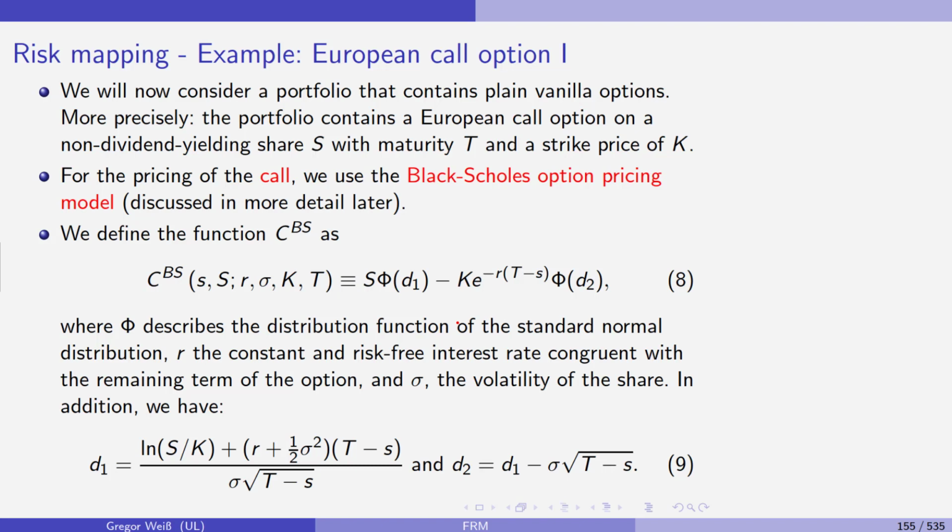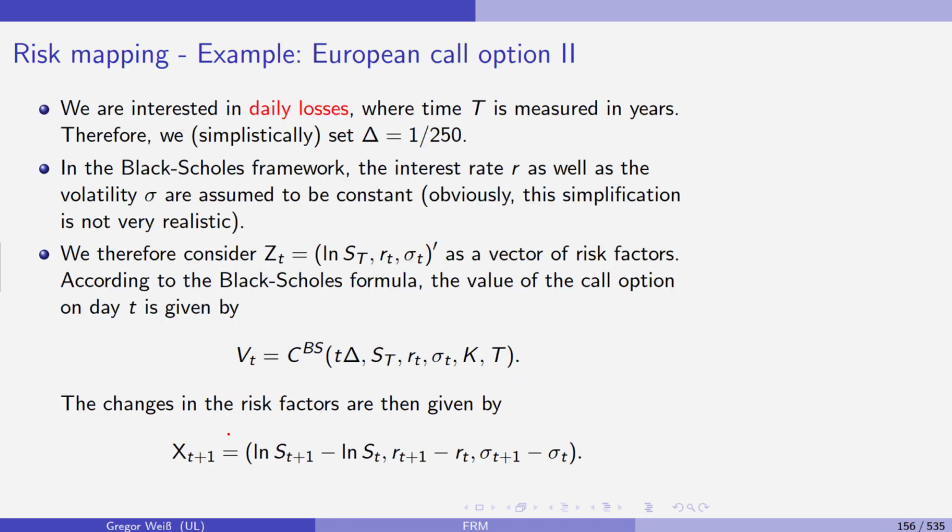More precisely, a European call option on a non-dividend yielding share S with maturity T and a strike price of capital K. For the pricing of the call, we use the Black-Scholes model, and from the Black-Scholes model, we know that the price should equal stock price times Phi of d1 minus discounted strike times Phi of d2. d1 and d2 are defined by this, and we see that in the end the value is a function of the change in time, the stock price, the interest rate, volatility, the strike, and T.